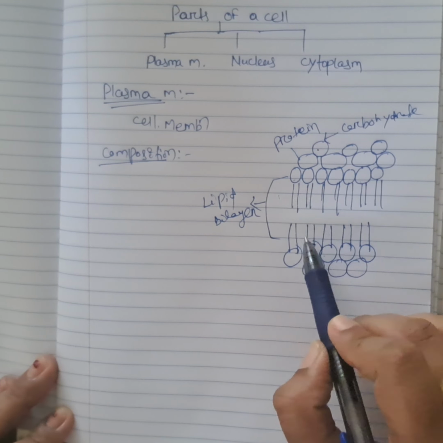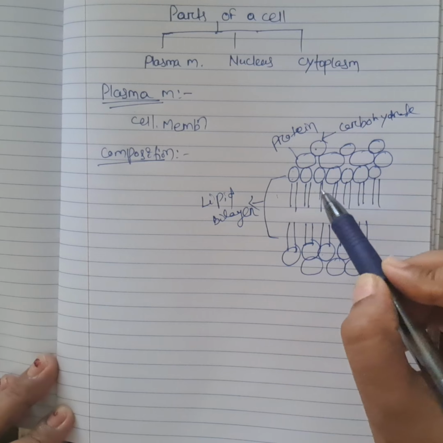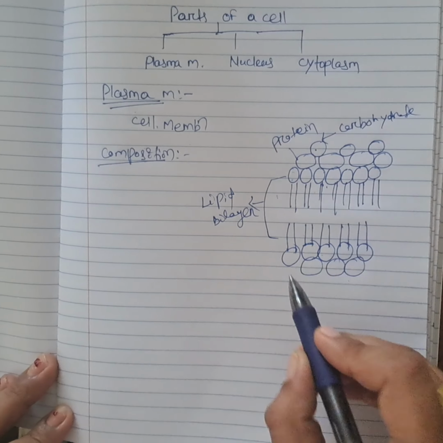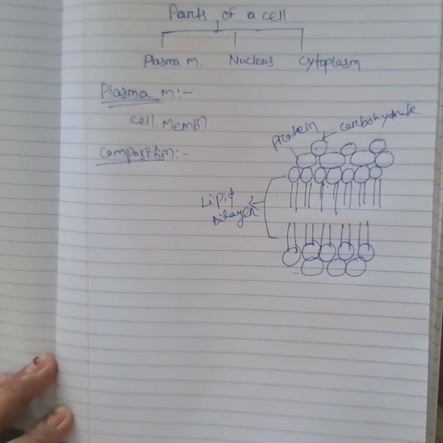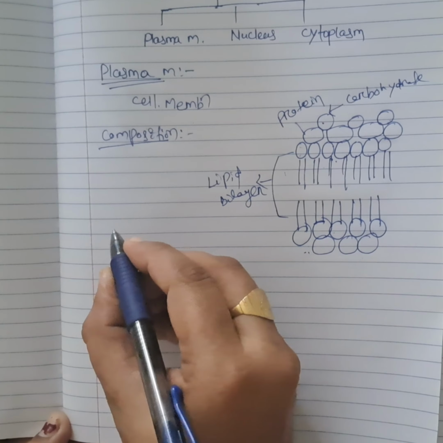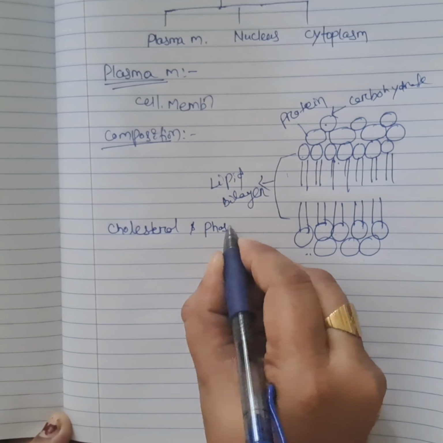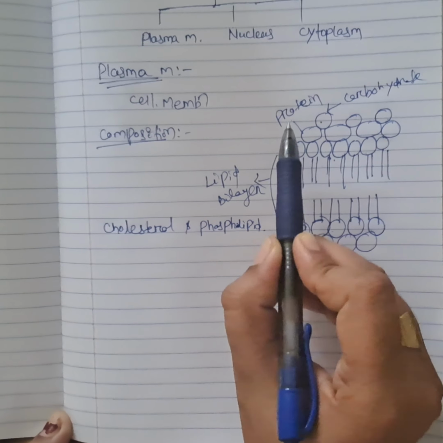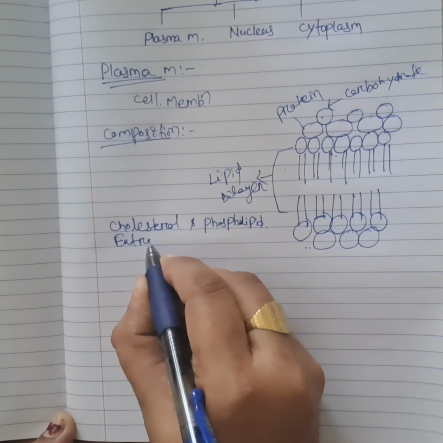The lipid molecules are arranged in such a way that the hydrophilic heads of the lipid molecules are present at the outer surface of the plasma membrane and the hydrophobic tails are present towards the inner side of the plasma membrane. The lipid molecules present in the plasma membrane are of two types, that is cholesterol and phospholipid. Whereas the protein molecules are also of two types, that is extrinsic protein and intrinsic protein.